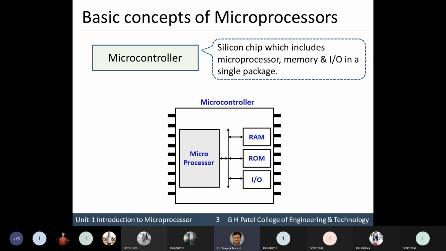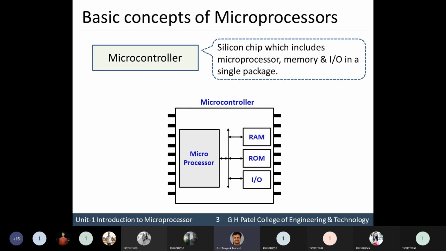In detail, we will look at the points when we study the microcontroller. There is a long list of points of difference that are generally asked in your examination: list out the differences between microprocessor and microcontroller. We will discuss them point by point as the time comes, but here I just need to give a basic idea.